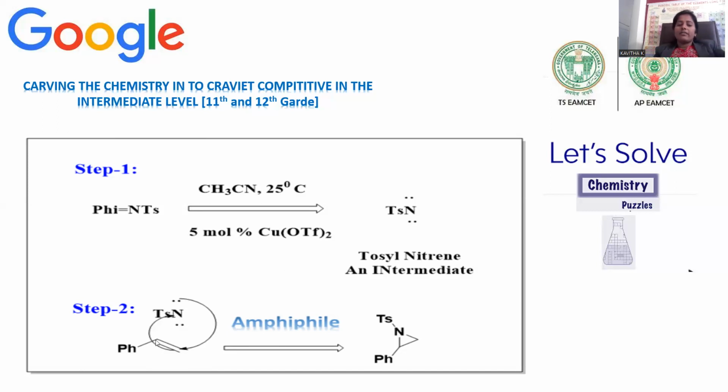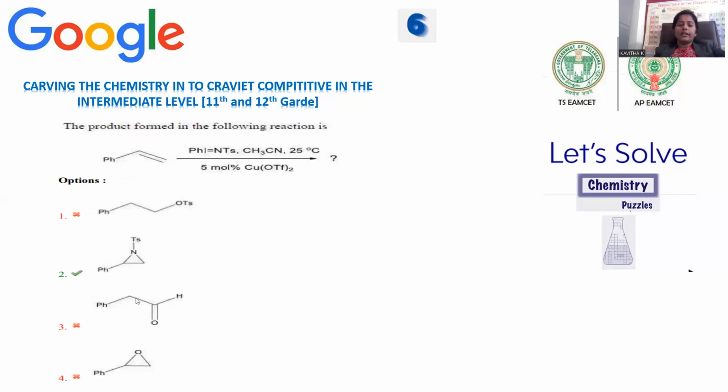Whenever electrons are given, a new bond will be generated. Whenever electrons are taken, again a new bond will be generated, so that we will get a tricyclic ring system with the nitrogen over there. Already we have a tosyl substitution upon it, and one side chain will be there, that is phenyl. This is the way we can answer, which is clearly available in option number 2.